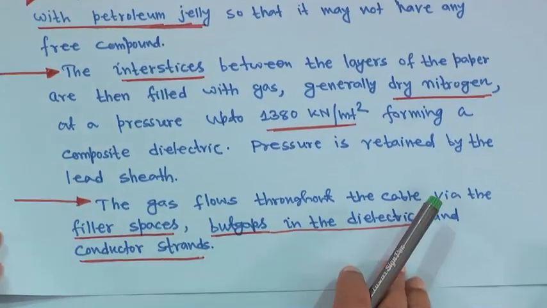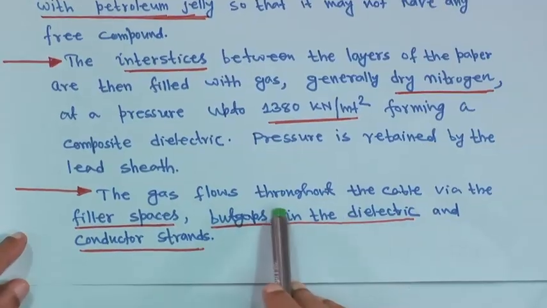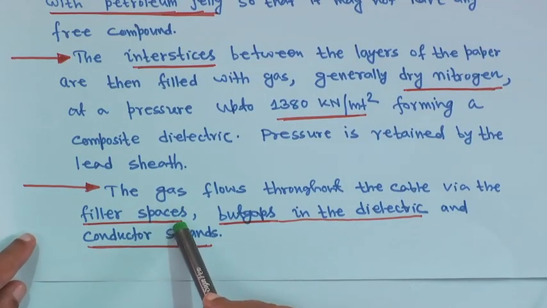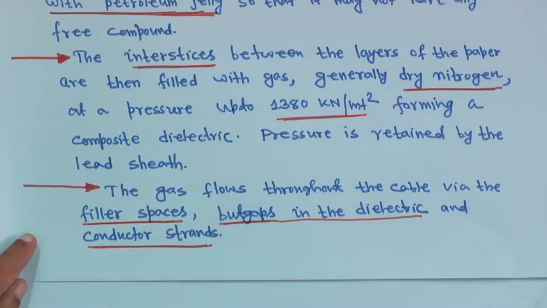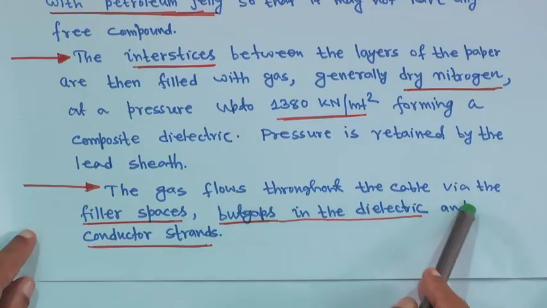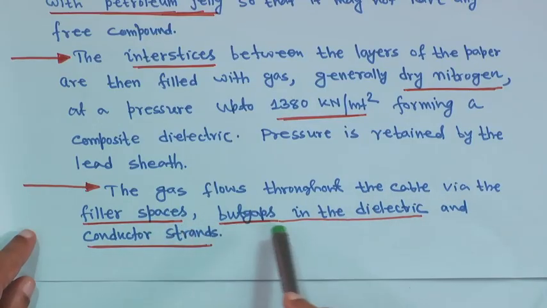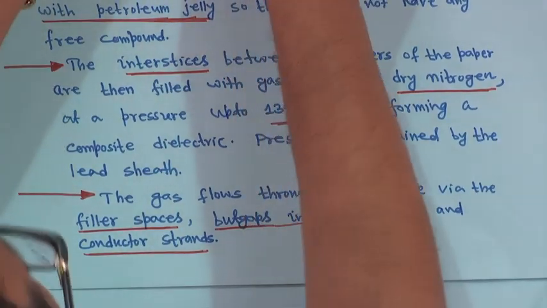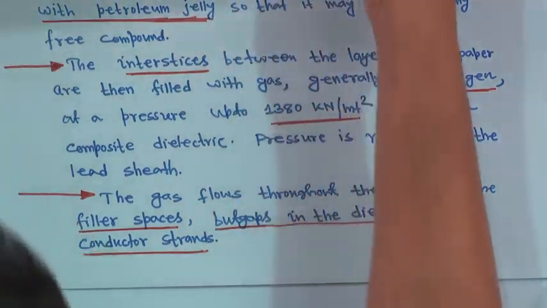Some advantage is there for gas filled cable. The gas flows throughout the cable via the filler spaces. I do not have the diagram here for that gas filled one, but the gas flows throughout the cable via the filler spaces, butt gaps in the dielectric and conductor strands. But one advantage is there, here no reservoir is required.